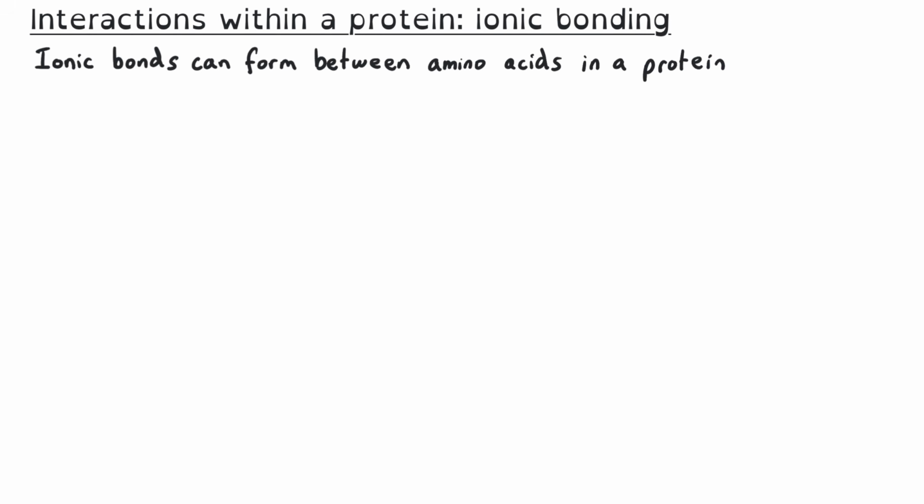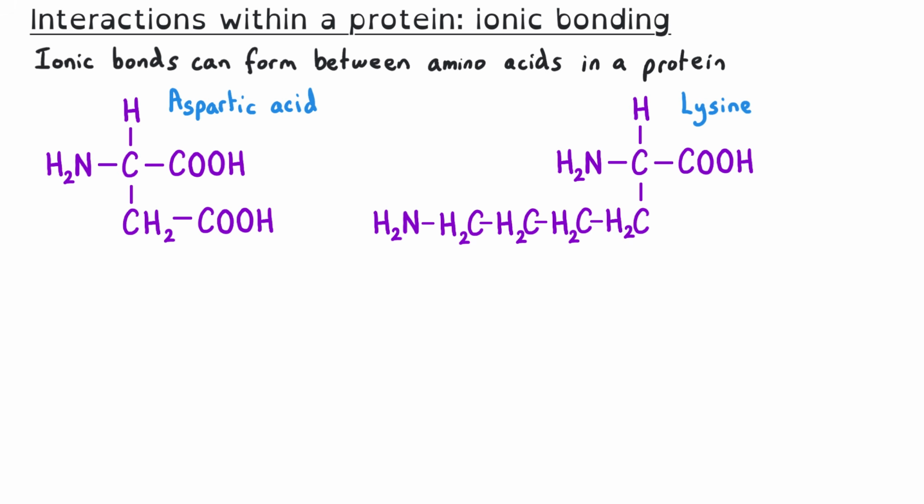Ionic bonds, sometimes called salt bridges, form between charged R groups on amino acids. A good example is between aspartic acid and lysine. Aspartic acid has a carboxyl group in its side chain that can lose a proton, forming a negatively charged COO- group.